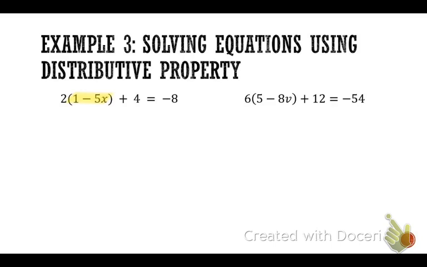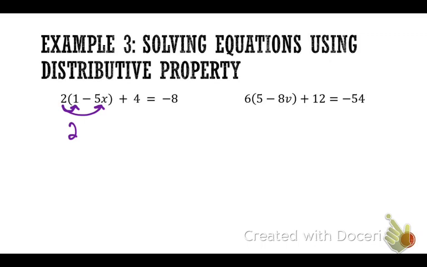But I can't do 1 minus 5x because they are not like terms. So when that happens, I take the number on the outside and I multiply it by each term inside, and we have to pay attention to the signs, okay? So 2 times 1 is 2, okay? 2 times negative 5x.